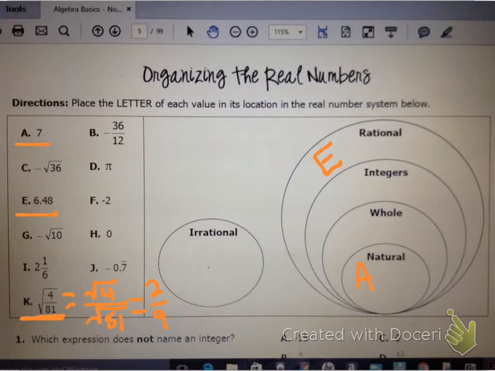So you're really looking at 2 ninths. Is 2 ninths a rational or irrational number? Well, we know it's a rational number. Is it an integer? No, it's a fraction. Therefore, we know that K is going to be up here because it does not keep going into the integers. Go ahead and pause the video and finish up the rest of those on your own.